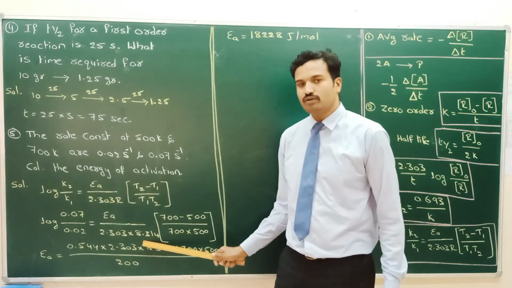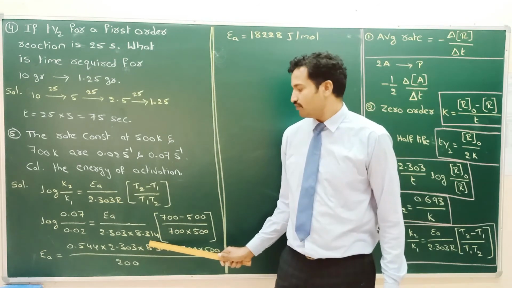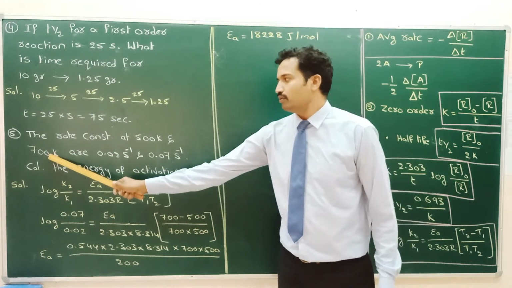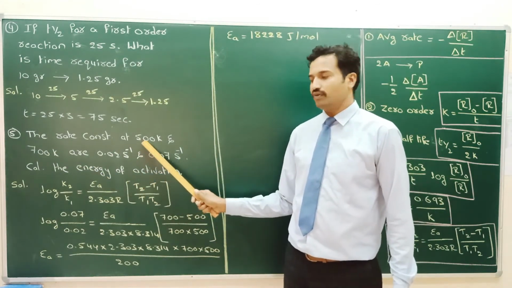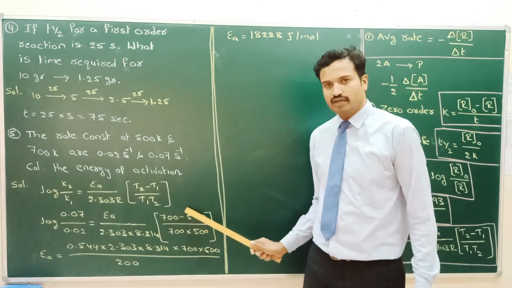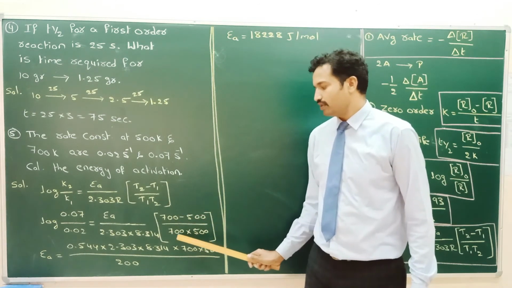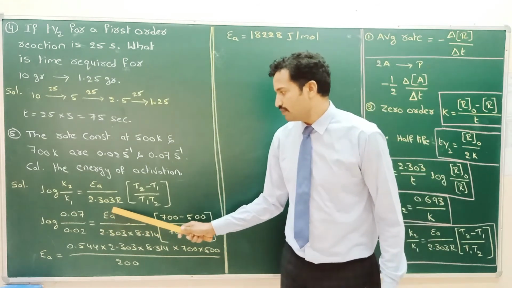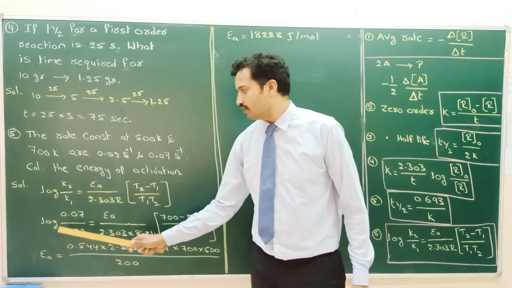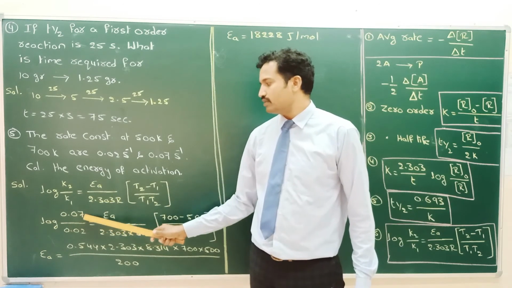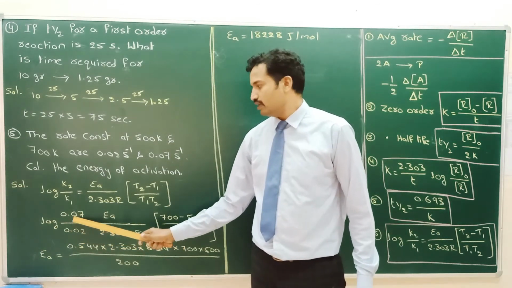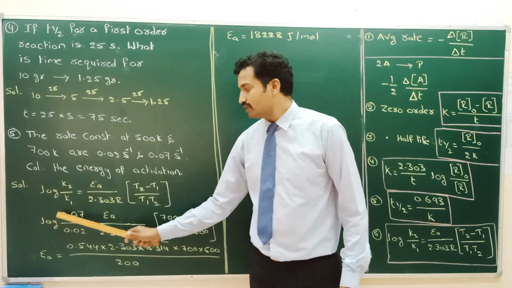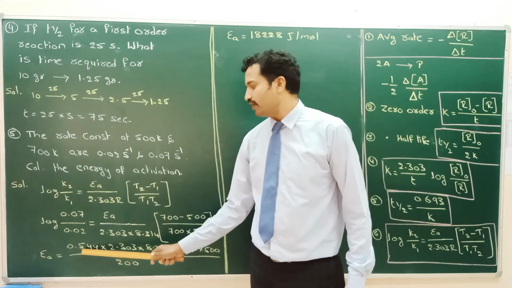R value in joules is 8.314, into T2 minus T1. T2 minus T1 is 700 minus 500, which is 200. Next, T1 T2 is 500 into 700. Then Ea is equal to: 0.07 by 0.02 value is 3.5, and log 3.5 value is 0.544.